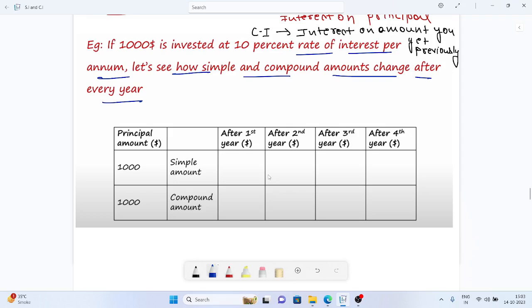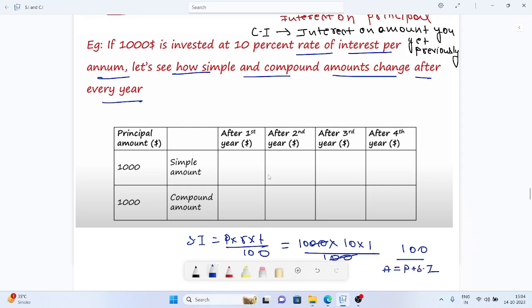If I calculate simple interest after 1 year, what is the value of simple interest? It is P into R into T by 100. So principal is 1000, rate is 10%, times 1 year, by 100. What value do we get? 100. And what amount do we get?